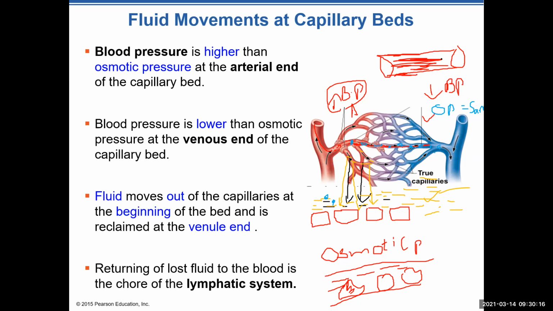Yes, what will happen now? Since we have more interstitial fluid over here and the solute concentration is less, but inside the blood vessels we still have plasma proteins, so inside here, at the venous end, will it be hypertonic or hypotonic, guys? Chapter number 3.